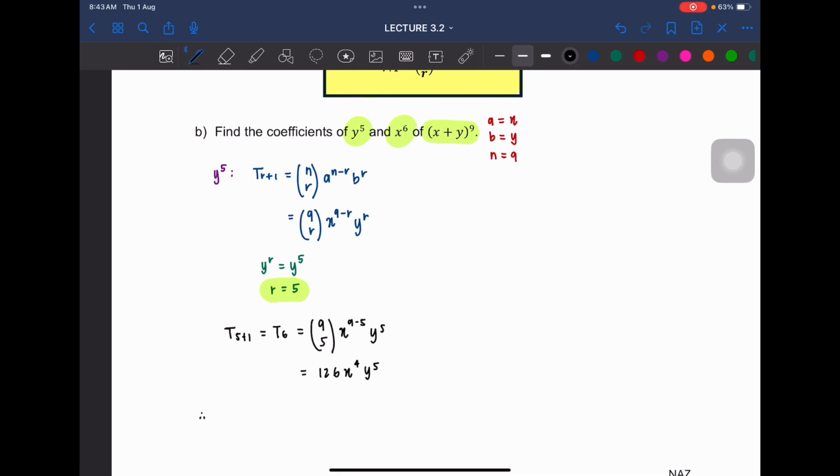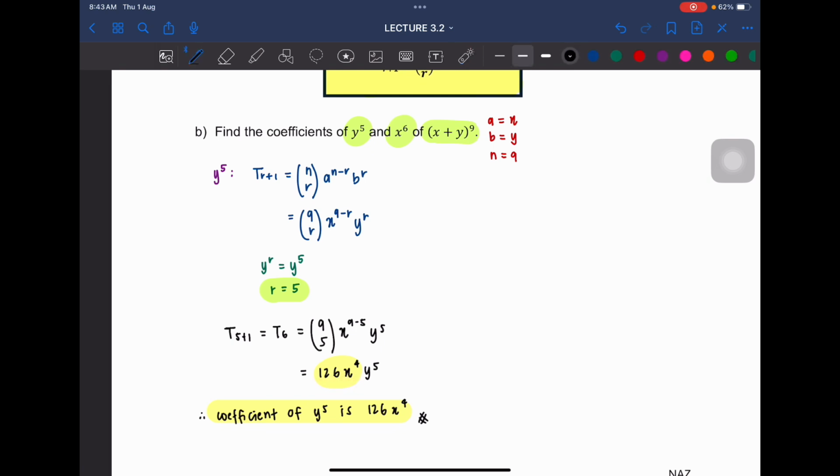The coefficient of y to the power of 5 is any number or any variable that is multiplied to the y to the power of 5, which is this one. So this is your final answer. This is your coefficient.